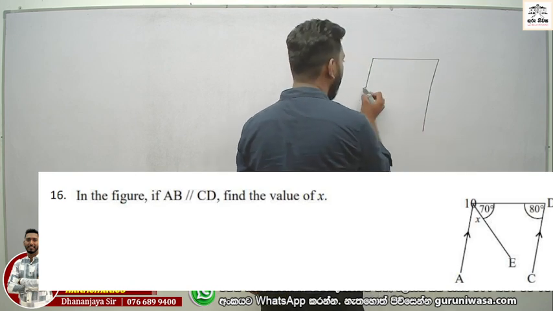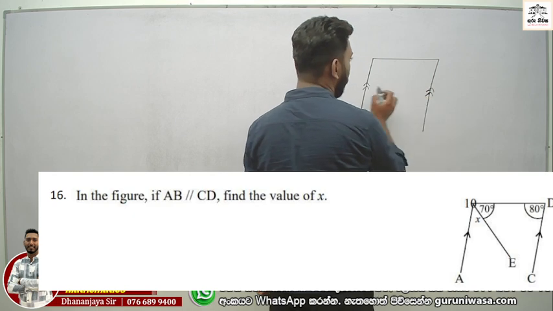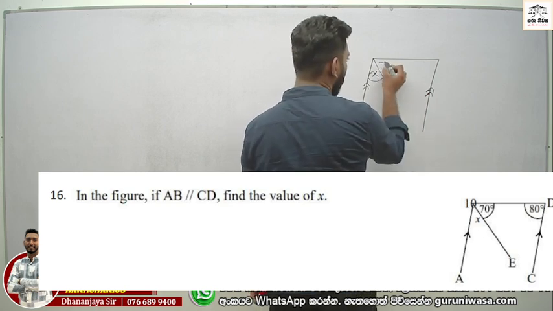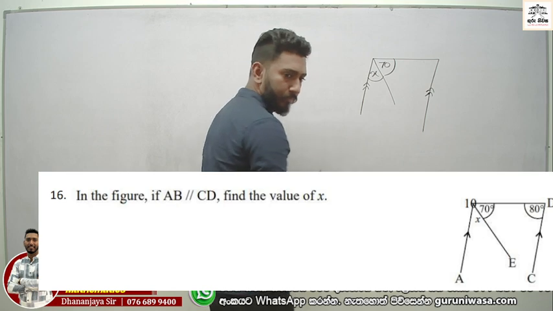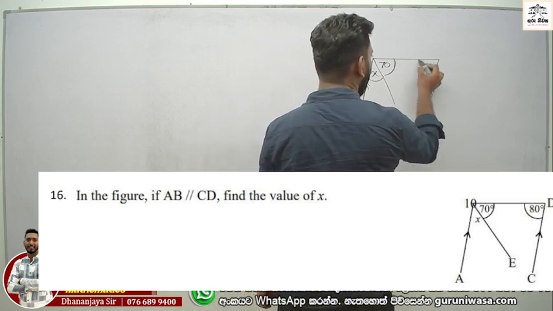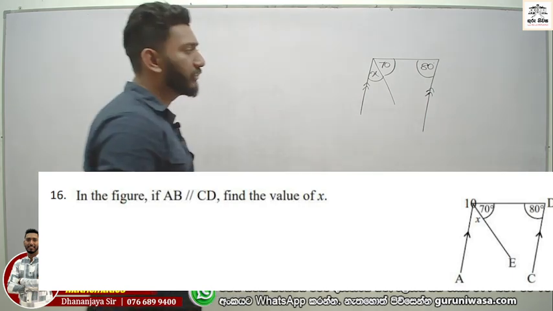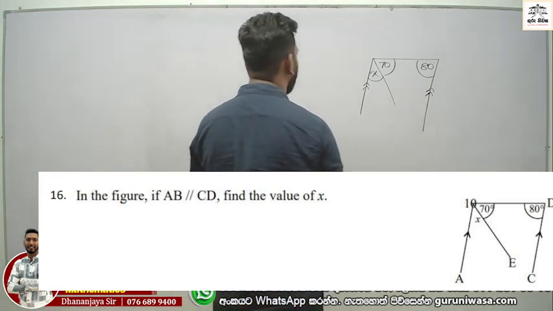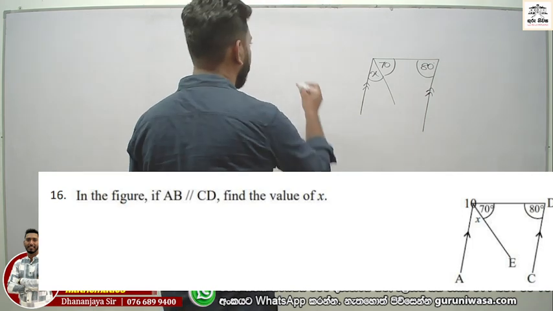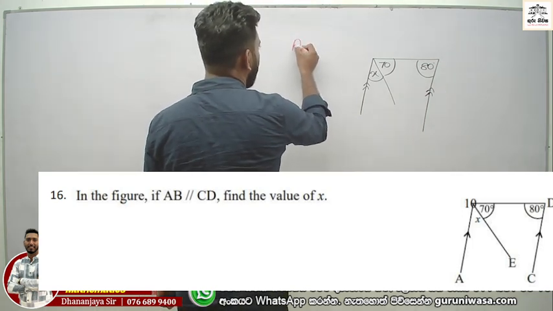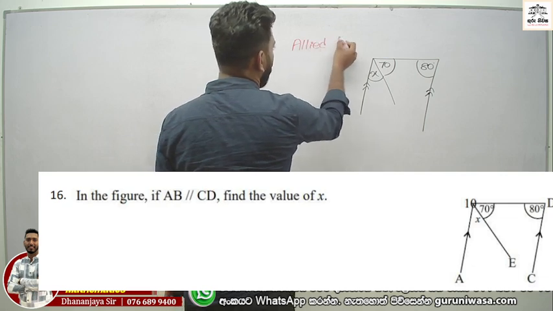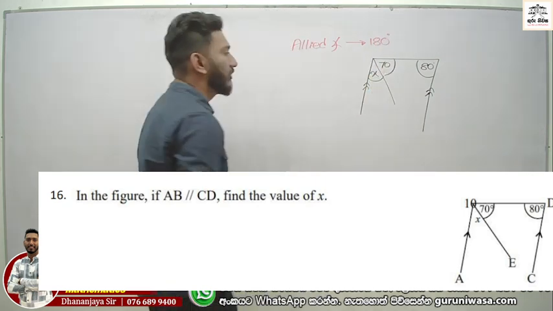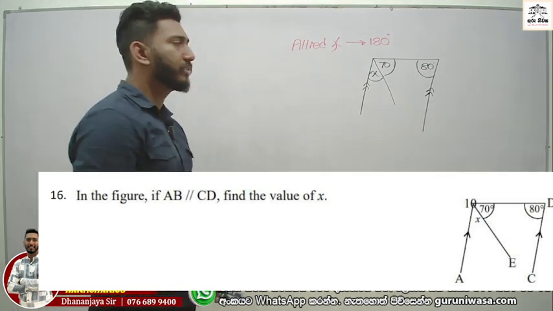There are two parallel lines here, both parallel together. And you know the theory, this is the symbol C, allied angles. They should be supplementary, equal to 180. They are not equal, you can see, acute and obtuse.